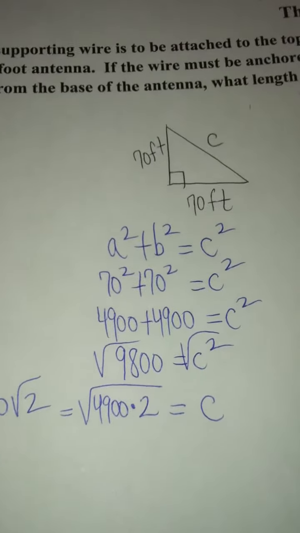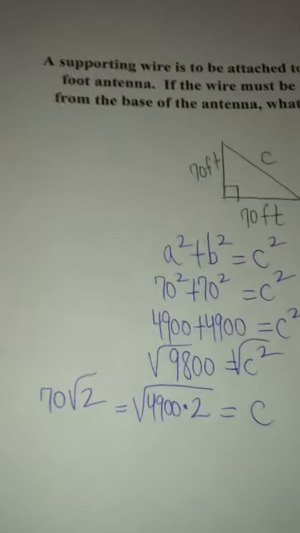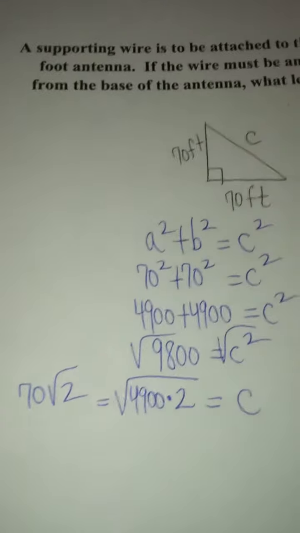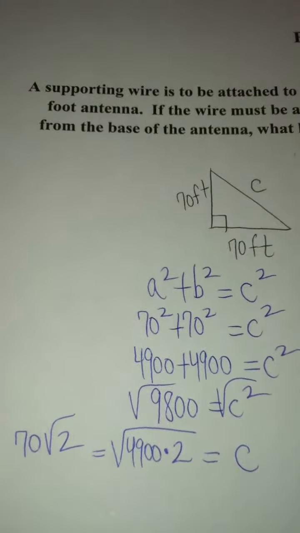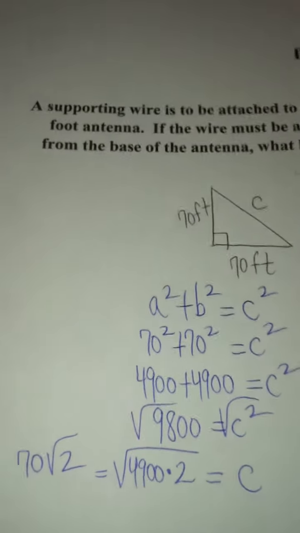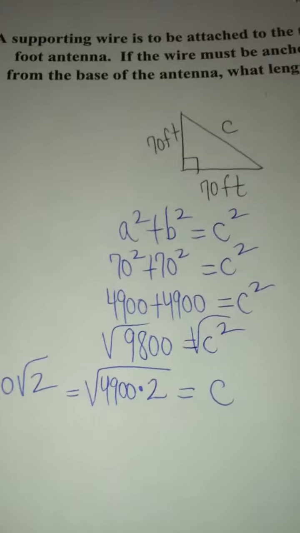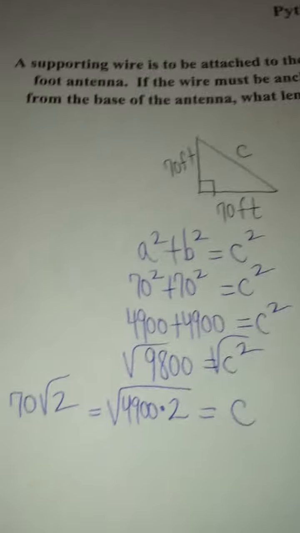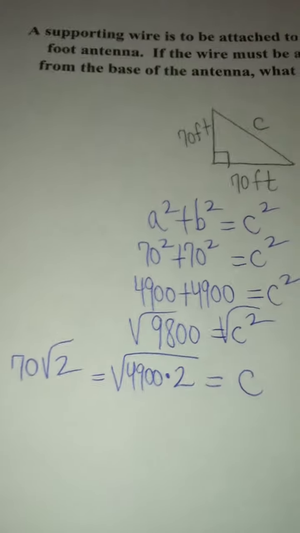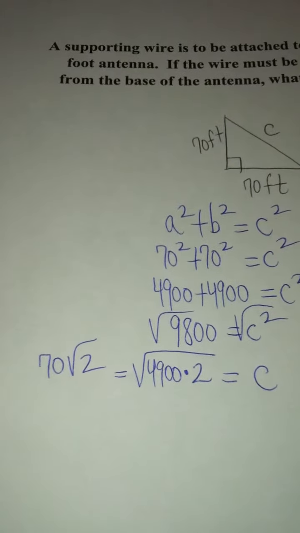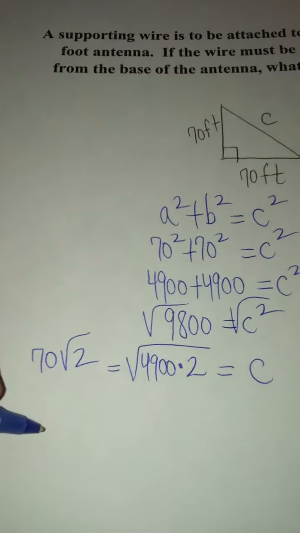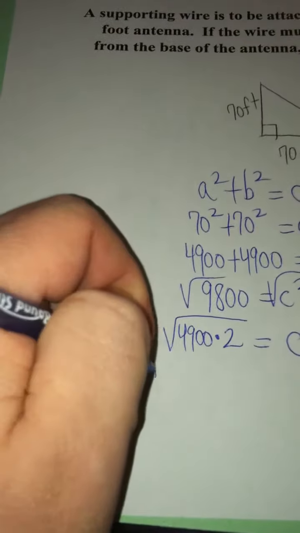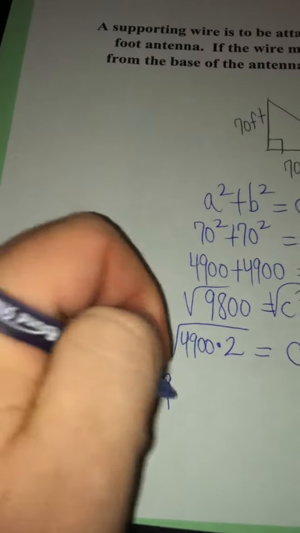If the directions ask you to find the approximate value, then you just plug this into your calculator. Sorry for the shakiness here, I'm looking through my notes. So the wire would be approximately equal to 99 feet.